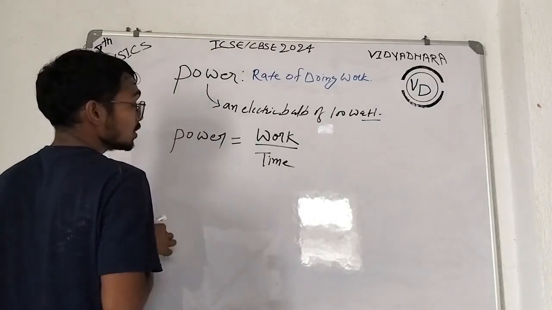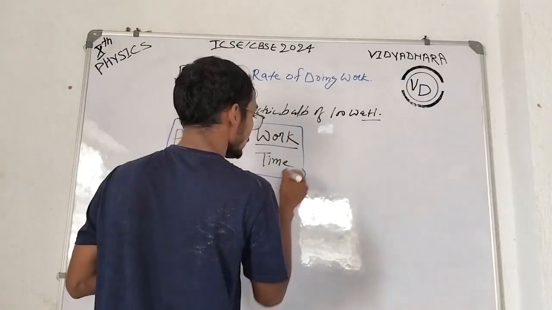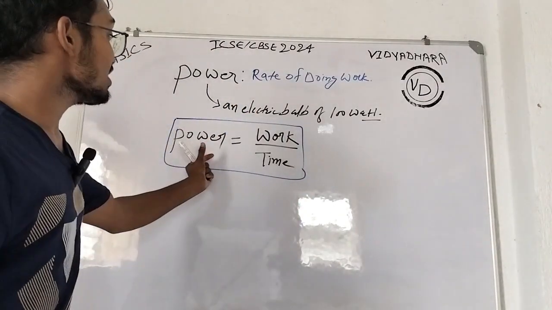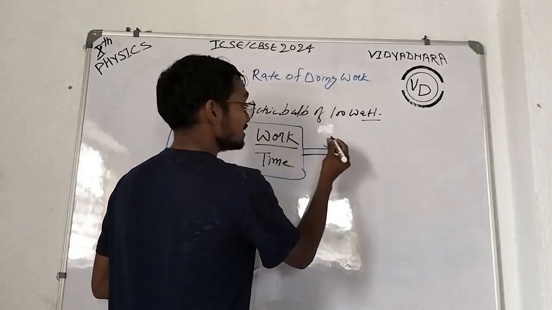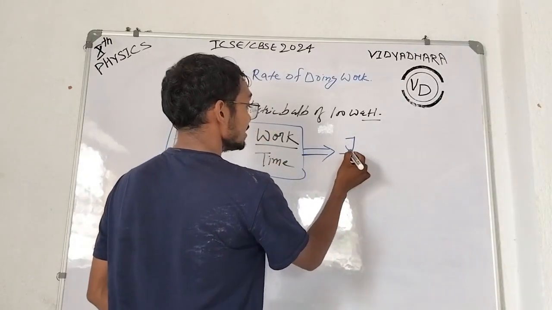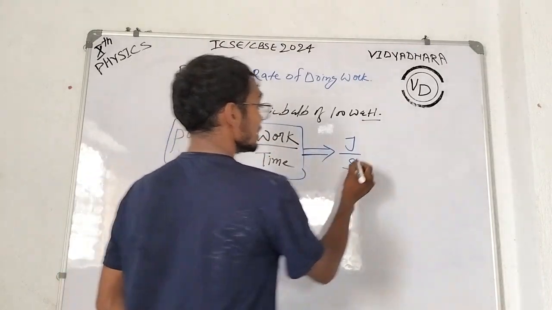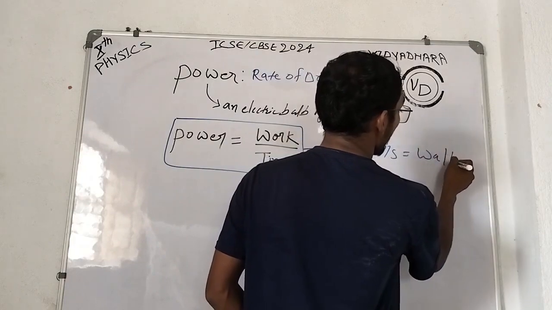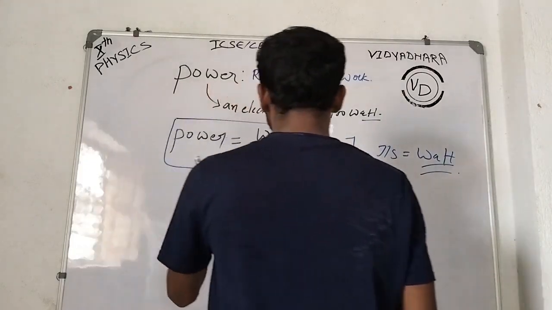Work is measured in joule, time is measured in second. So work divided by time is joules per second, which is said to be watt. You have learned this. Okay.